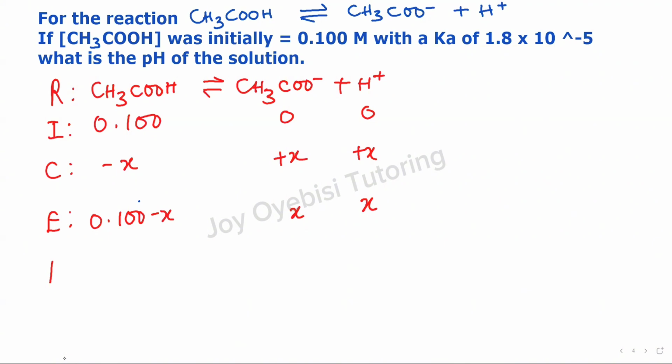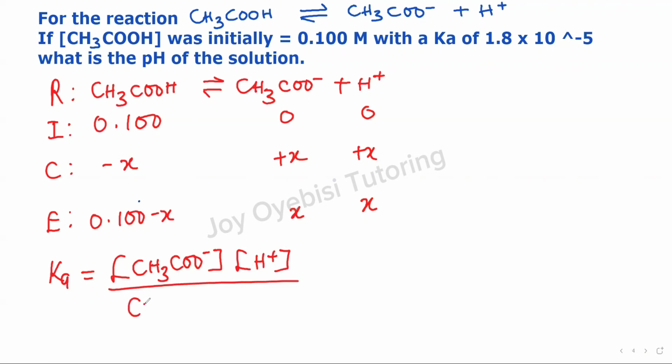If you see Kb, that one is the base dissociation constant. So Ka will simply be equal to the concentration of CH3COO negative times H plus concentration over CH3COOH.